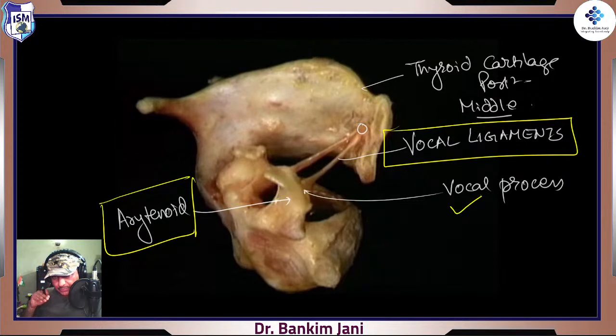And those ligaments will go and they will be landing on the posterior wall of thyroid cartilage, right in the middle, right? So now it's forming a shape. This vocal process, we would add one characteristic, and that characteristic is that this is highly mobile.